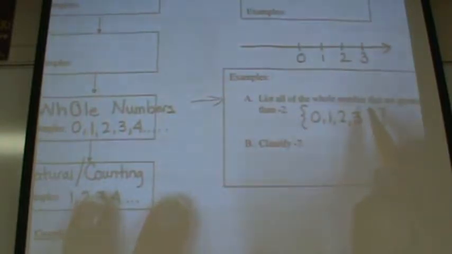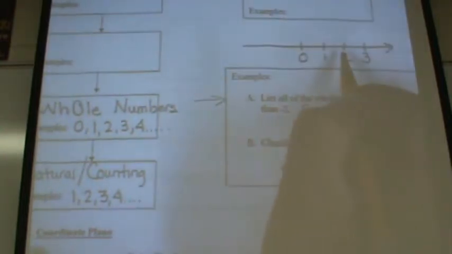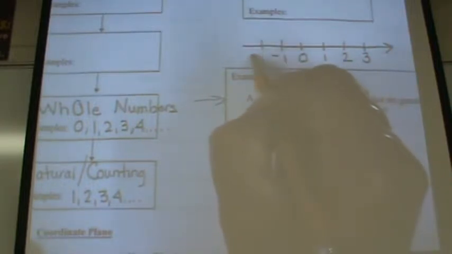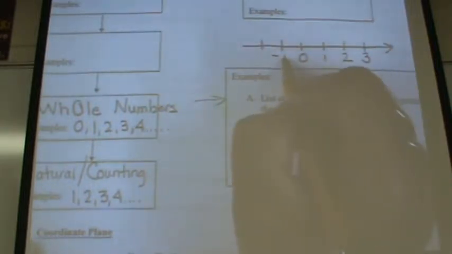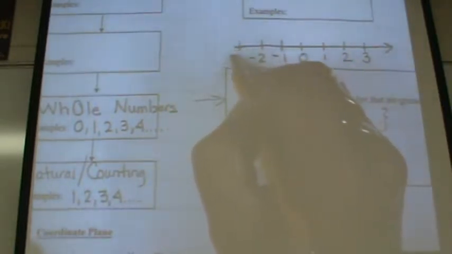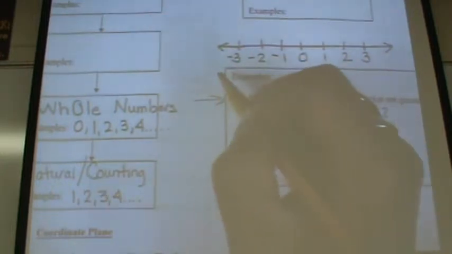Where do they go from here? Negative. So when we take the set of whole numbers and we graph their opposites, the opposite of 1 is -1, the opposite of 2 is -2, the opposite of 3 is -3. And the further this way we go, the smaller the number is.